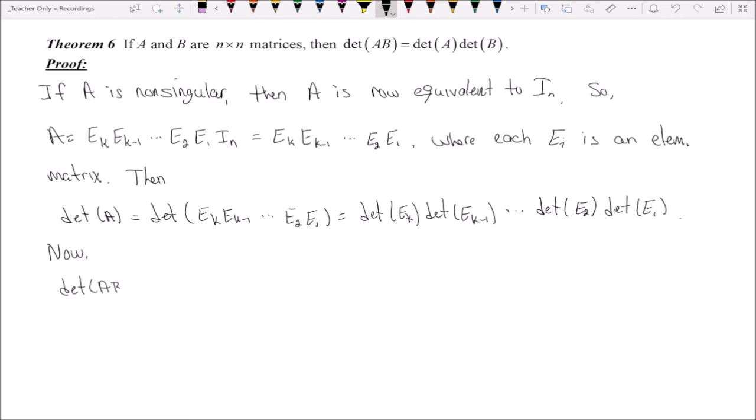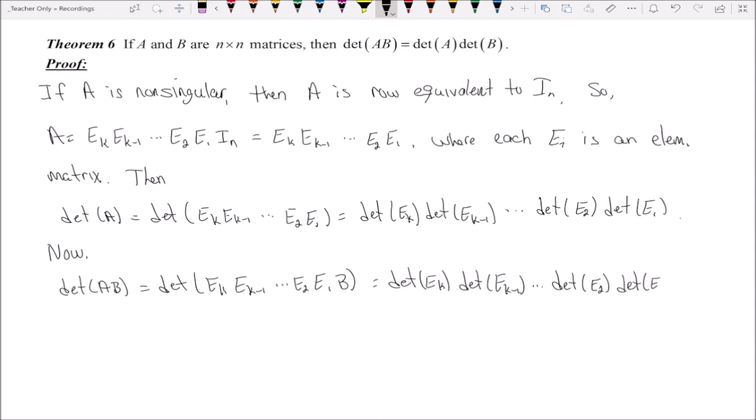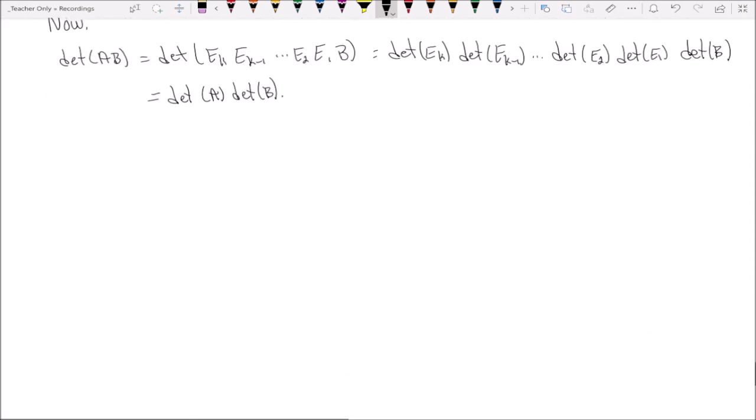This allows us to write the determinant of A times B as the determinant of that product of elementary matrices times B, which allows us to write it as this product, right? But of course, as we've just shown, this is the determinant of A. And so we're done if A is non-singular.